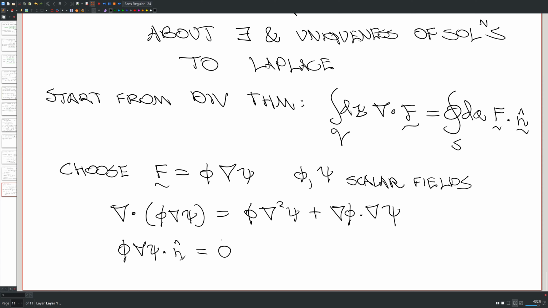This is really the value of phi here, and then it's the derivative of the function psi with respect to the coordinate normal to the surface. So for example, if I had a spherical surface, then the n hat vector would just be r hat, and grad psi dotted into n would just be d psi dr. Okay, so that's just a notation.